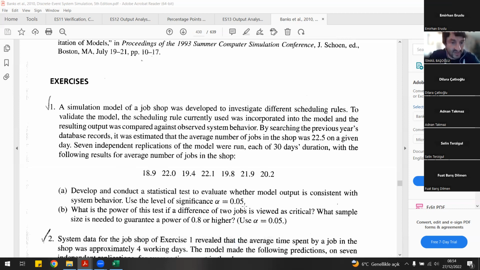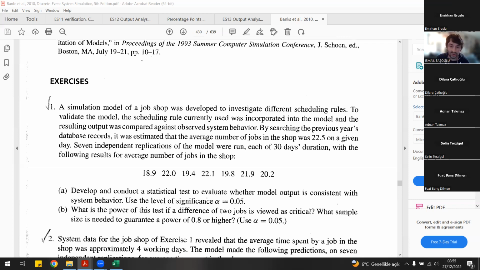And if the number of replications is sufficiently large, for example, 50 or more, in that case, you can even decrease the significance level to 0.01 safely without increasing the type 2 error probability.